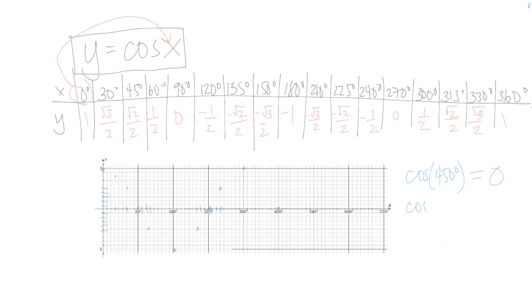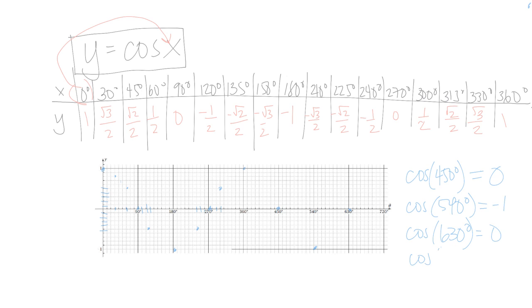What happens at 540? Okay, well, 540 is coterminal with 180. So that means the cosine of 540 is -1. What about cosine of 630? 630 degrees is coterminal with 270 degrees, so that's going to equal 0.